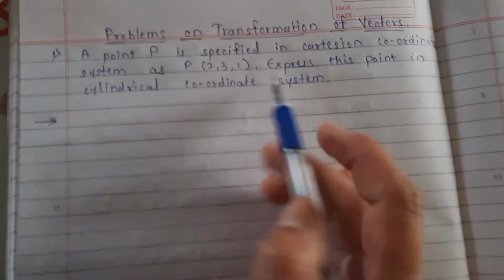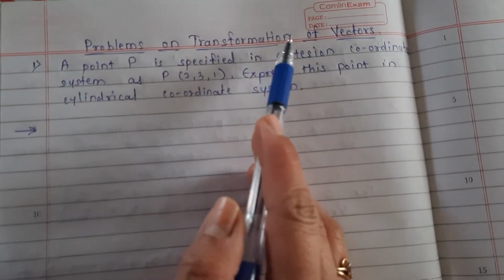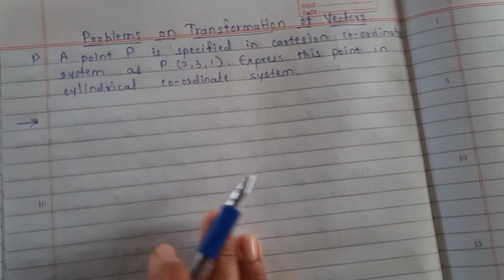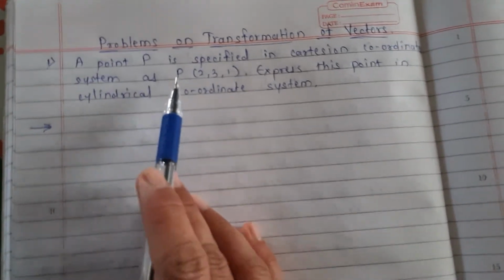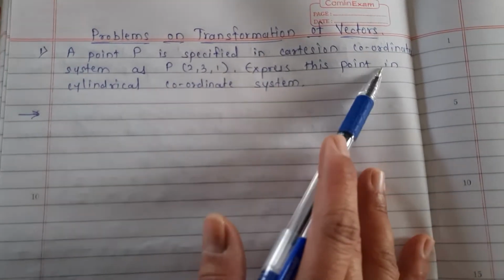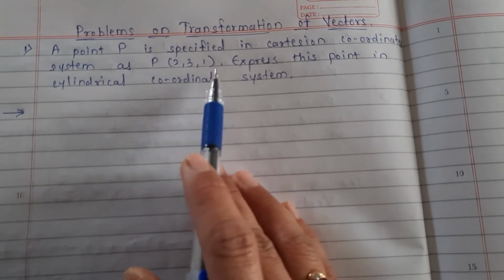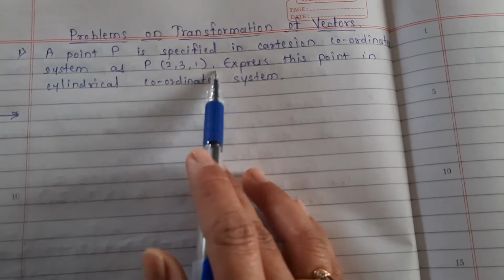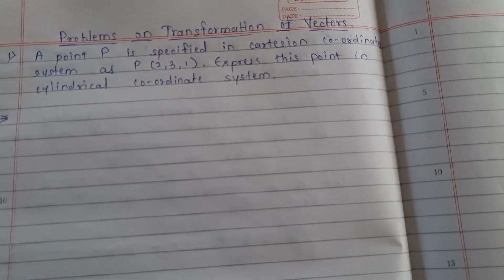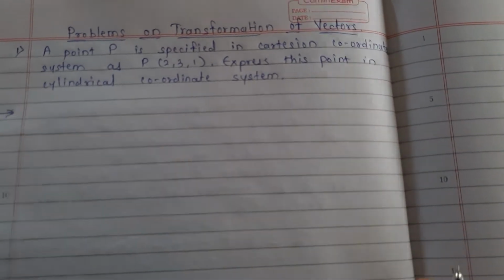Now the next problems are based on transformation of the vector. The first problem is a point P specified in the Cartesian coordinate system as P having value 2, 3, 1. Express this point in the cylindrical coordinate system.